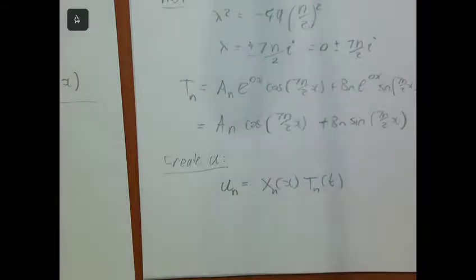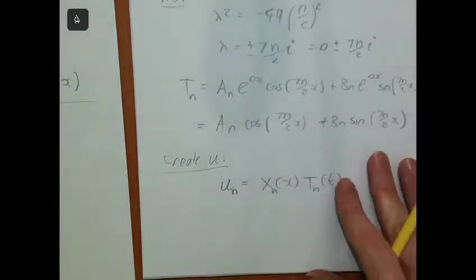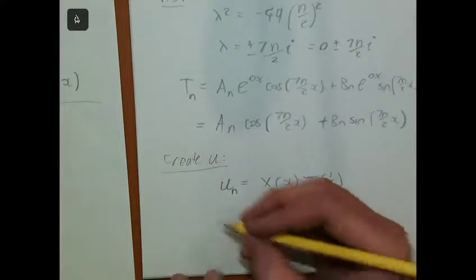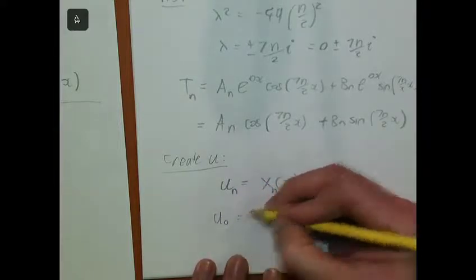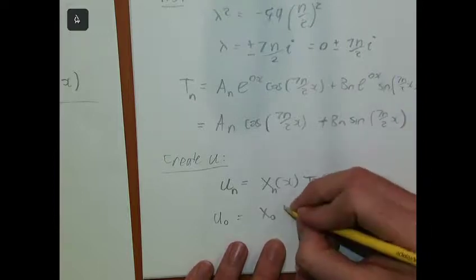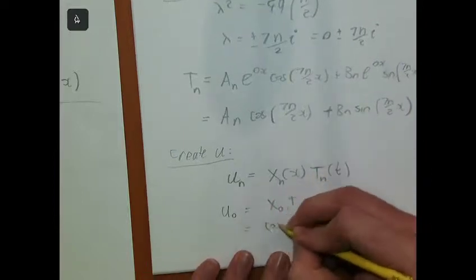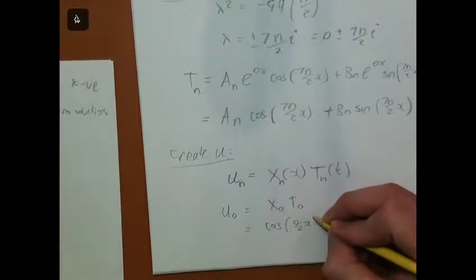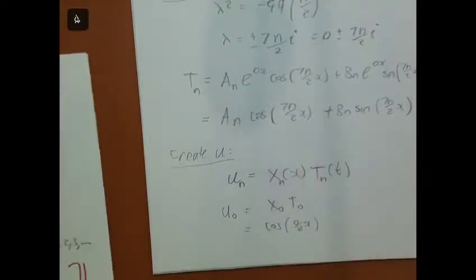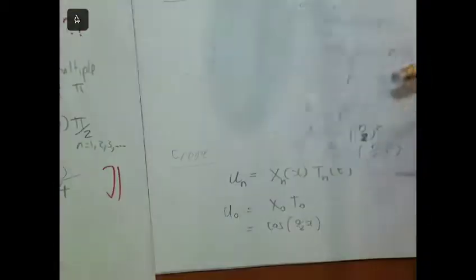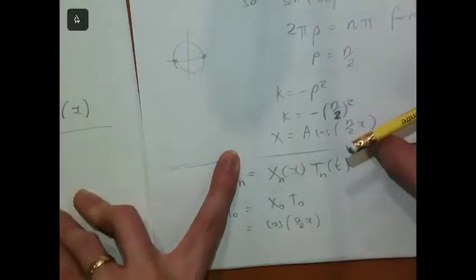I'll add them all up, so I'm going to get infinitely many of them. The first one, when n is 0, is different to the others, so I'm going to have to do that one separately. u0 is X0 times T0, and X0 was cos of 0 on 2x.